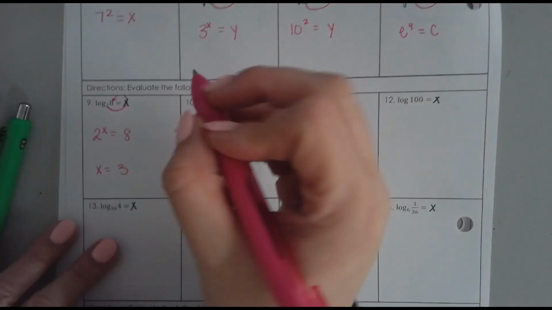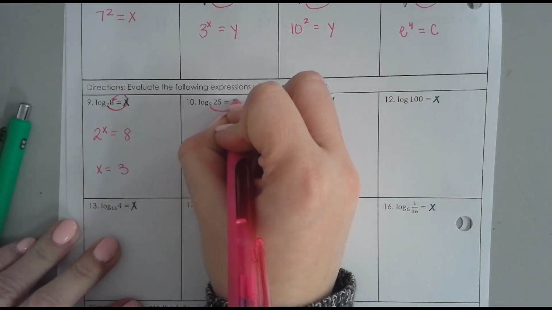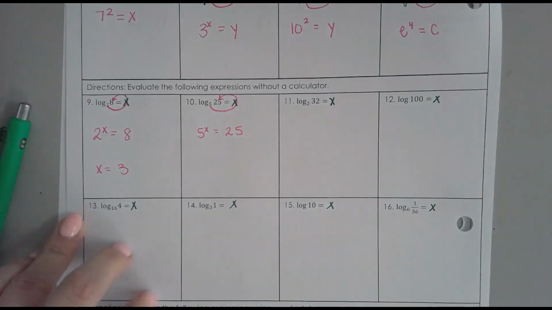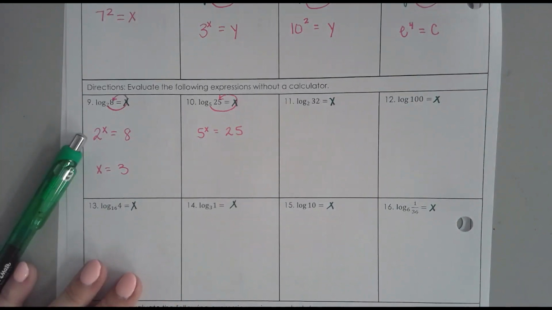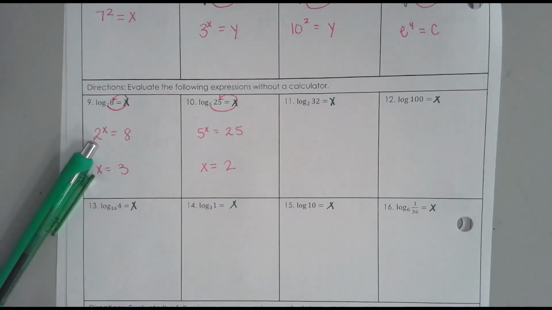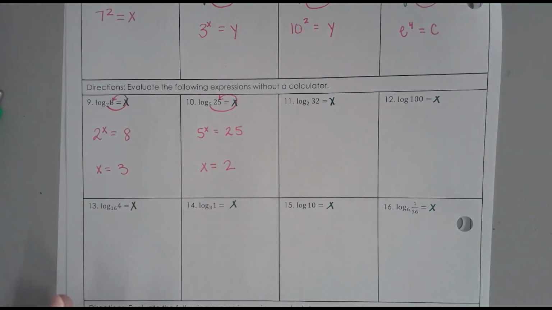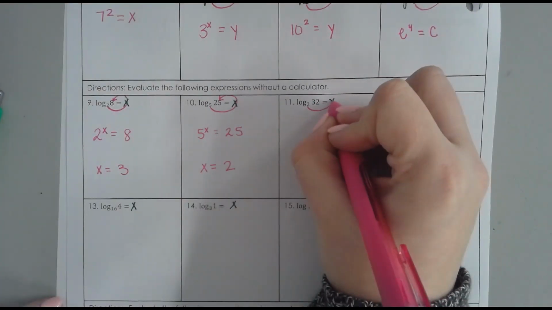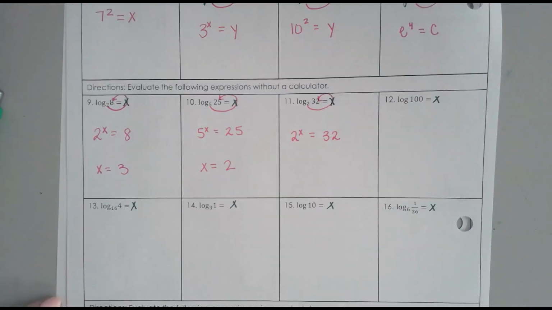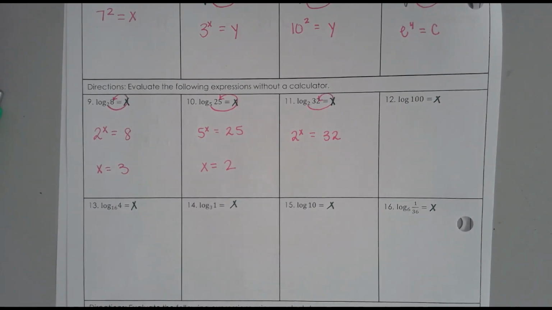All right, so number 10 would be 5 to the x equals 25. What is x? 2. Yep, because 5 squared is 25. Two to the x equals 32. 2 times 2 is 4, times 2 is 8, times 2 is 16, times 2 is 32.